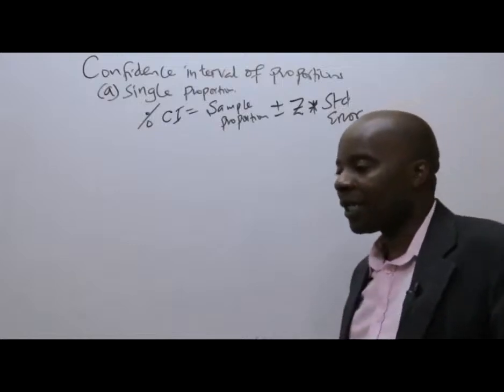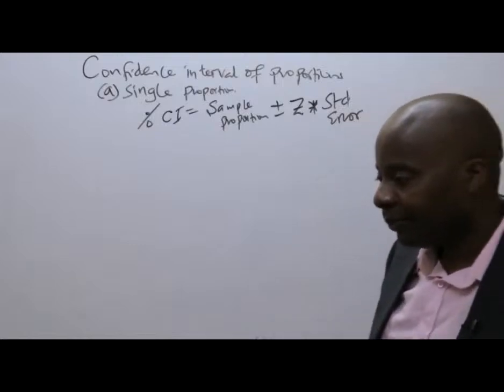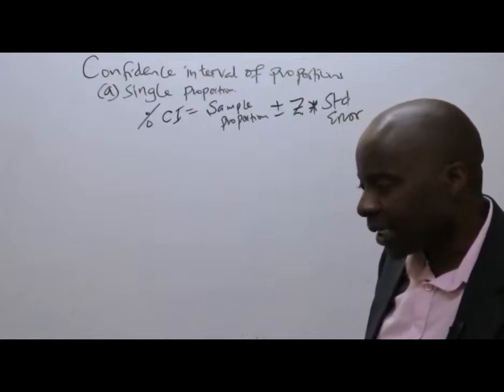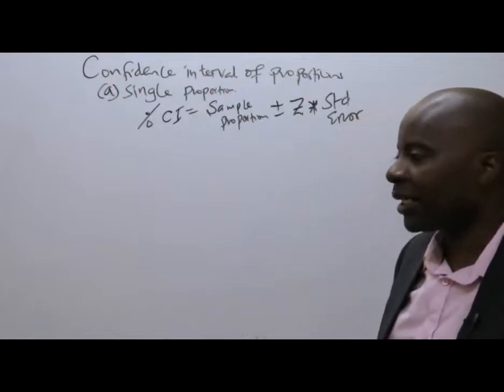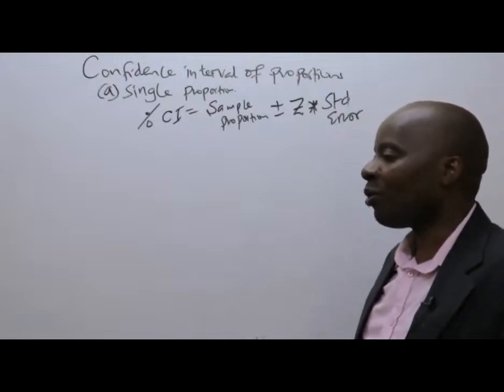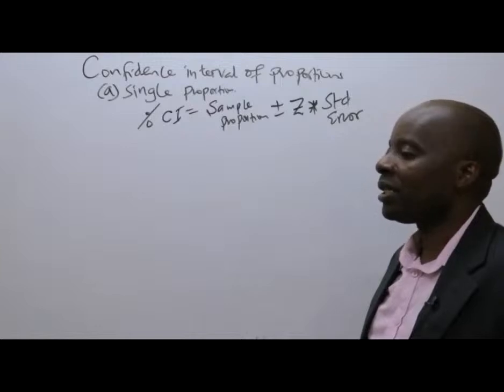Z times the standard error. So the percentage confidence interval equals the sample proportion plus or minus Z times the standard error.